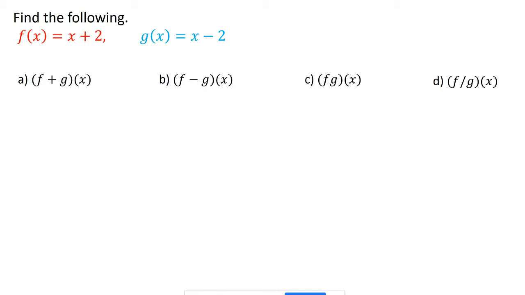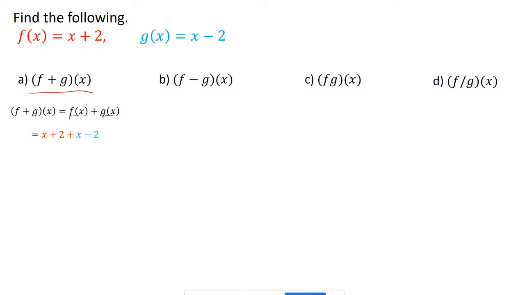Find the following. What if we had to add these two functions together? So the f of x, I'm going to leave it in red, and the g of x in blue. That way you can follow along. So the very first thing is, what does this mean? I always tell my students to rewrite it the way it's defined. And the way it's defined is that it's f of x plus g of x.